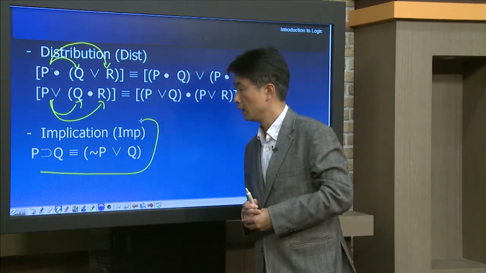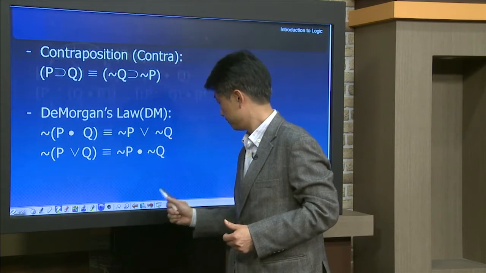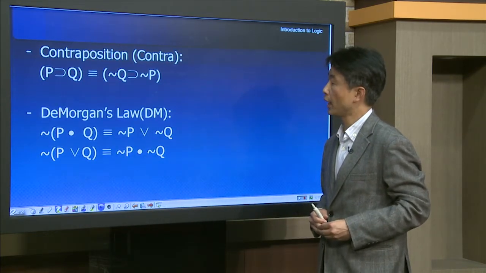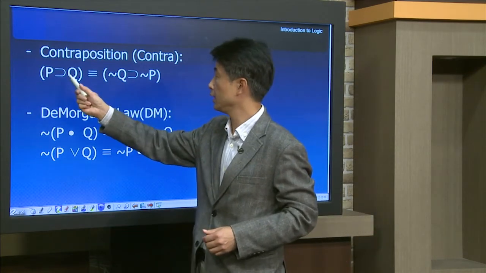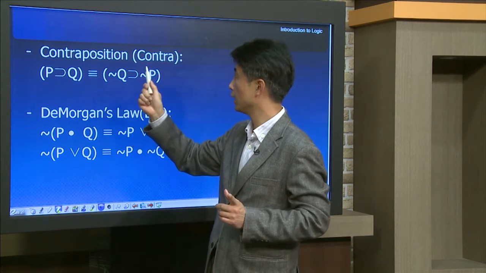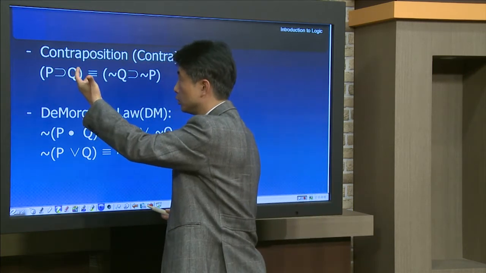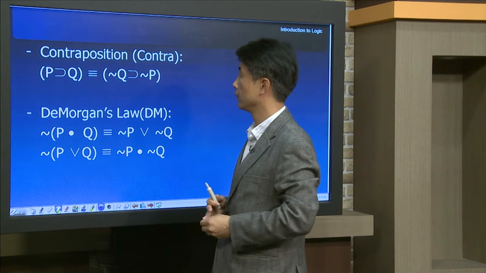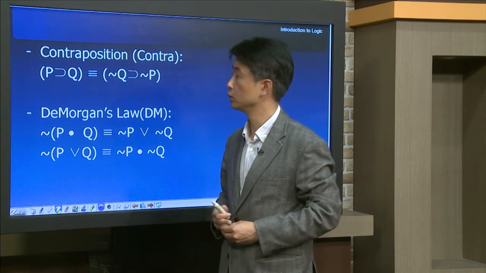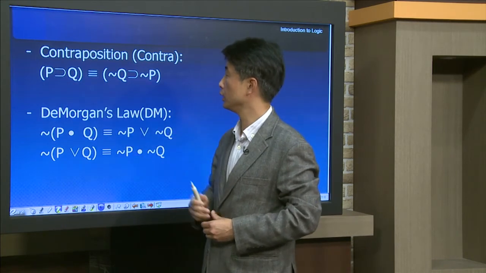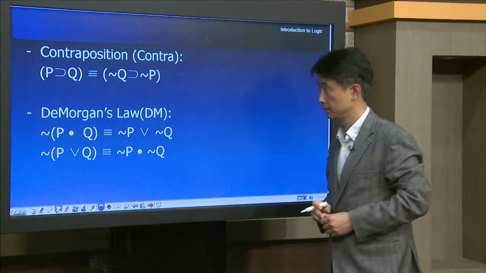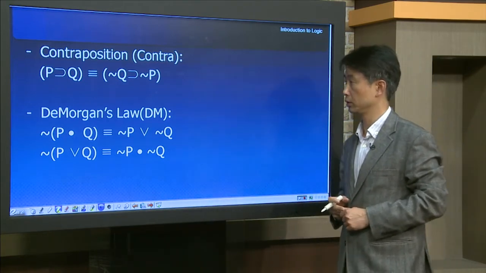The contraposition rule says if P then Q is saying the same thing as you switch these two, but you add a negation sign in front. So P then Q is the same thing as not Q then not P. That's called contraposition.